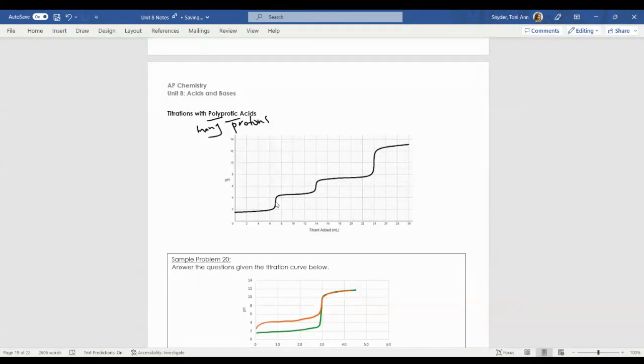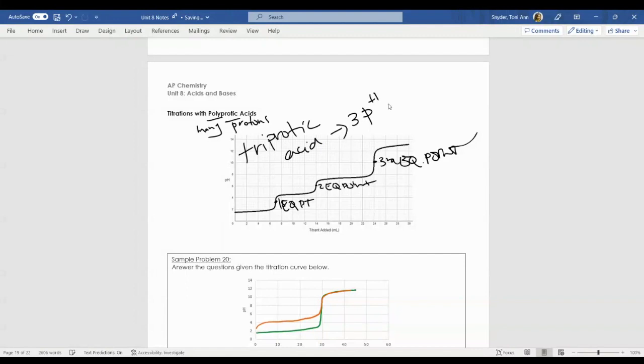You'll see you have 3 equivalence points: 1, 2, and a 3rd. Because I have 3 equivalence points, this particular titration curve must represent a triprotic acid. Triprotic means it has 3 protons.